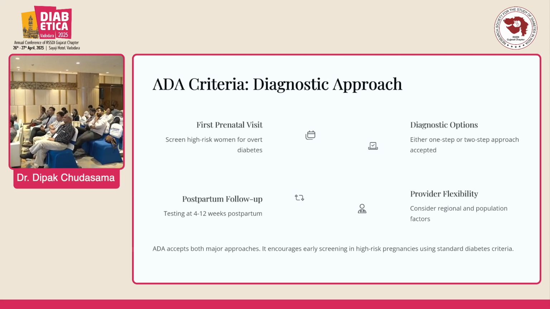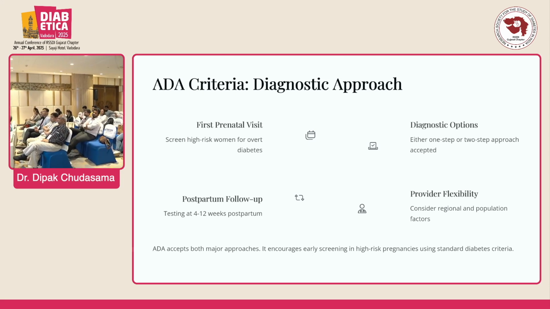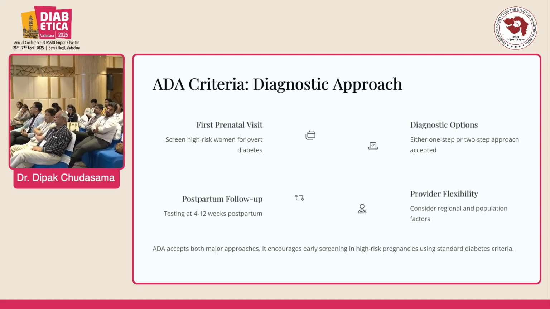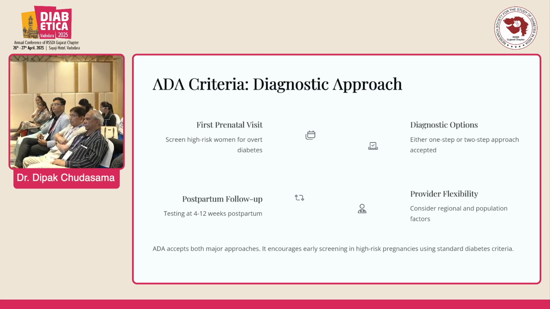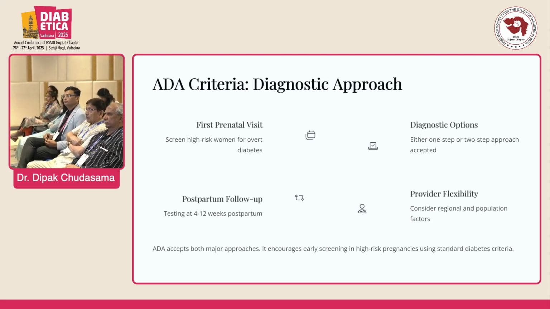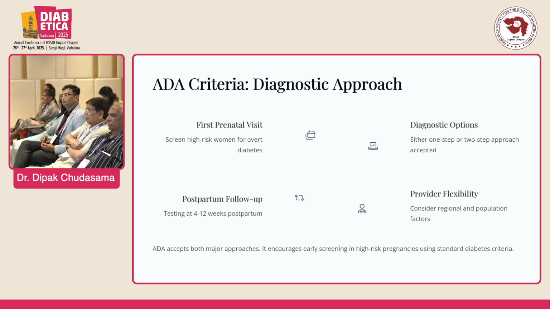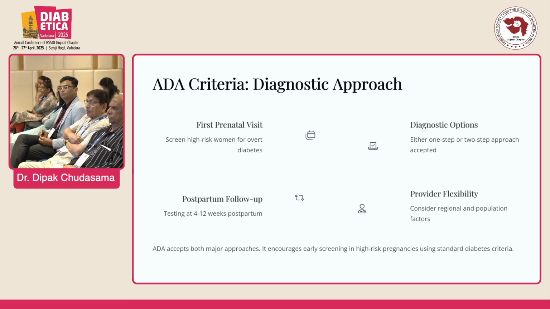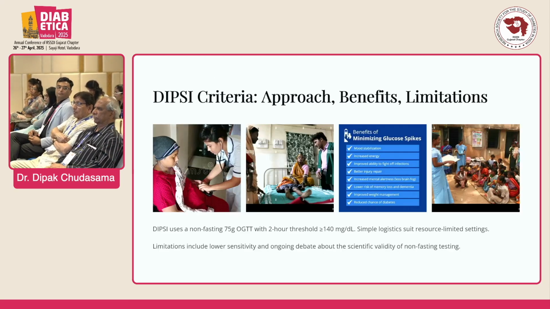Postpartum follow-up testing at 4 to 12 weeks is required, and considerable flexibility for region and population factors is there. So ADA accepts both major approaches. It encourages early screening in high-risk pregnancy using standard diabetes criteria for one and two step.